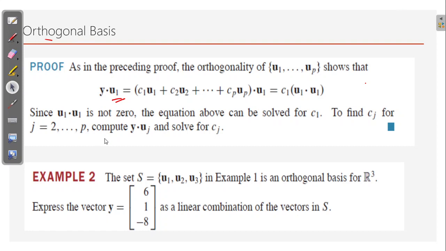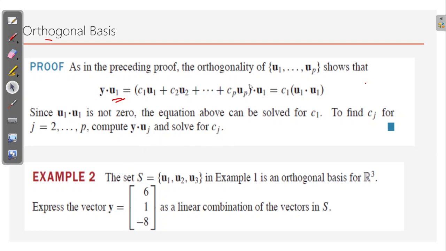Since u1 dot u1 is not 0, the equation above can be solved for c1. To find cj, compute y dot uj and solve for cj.